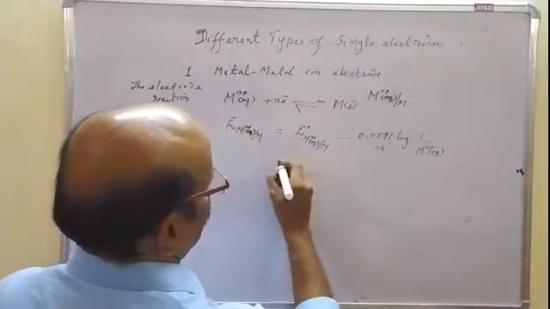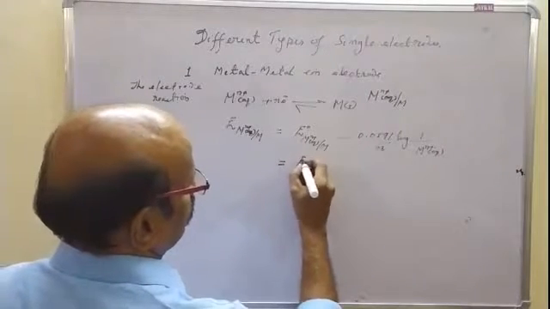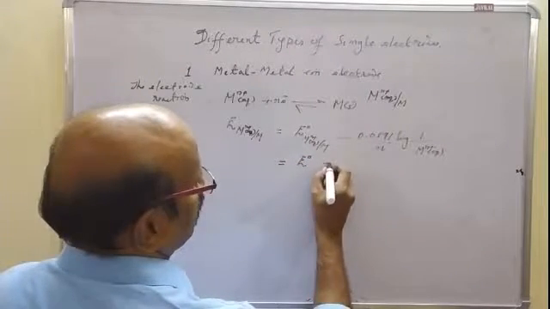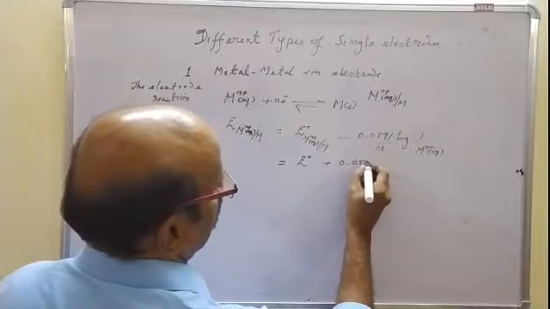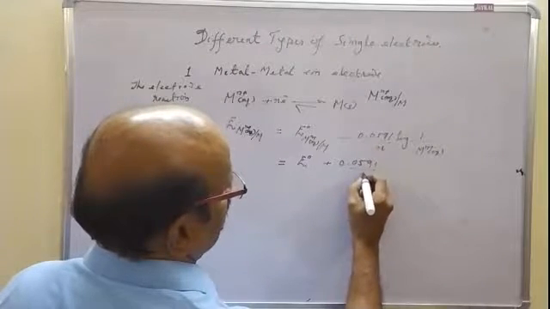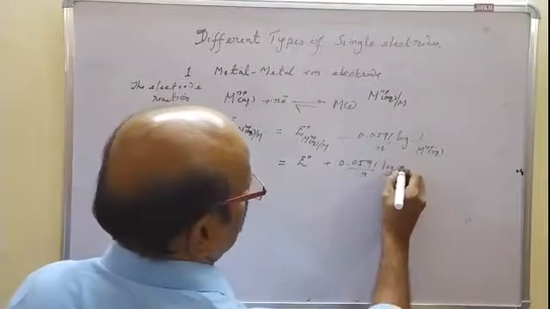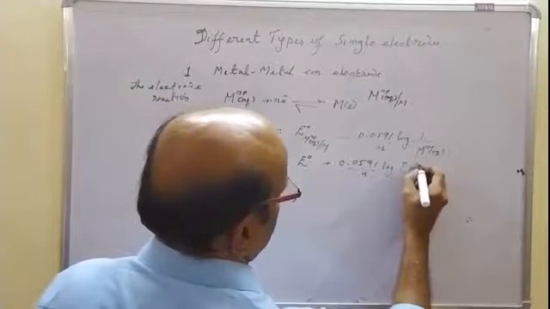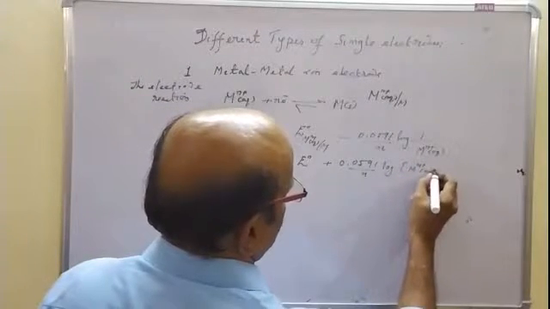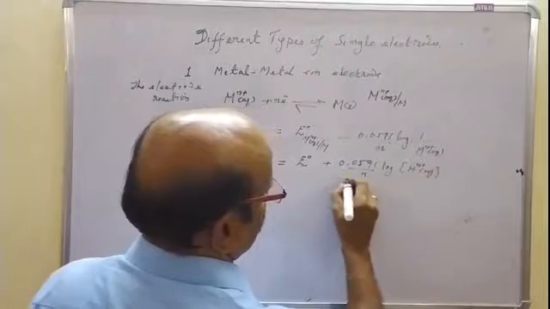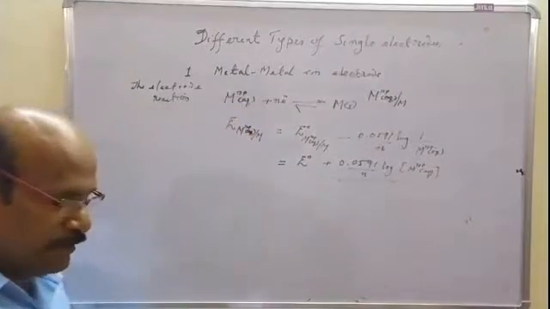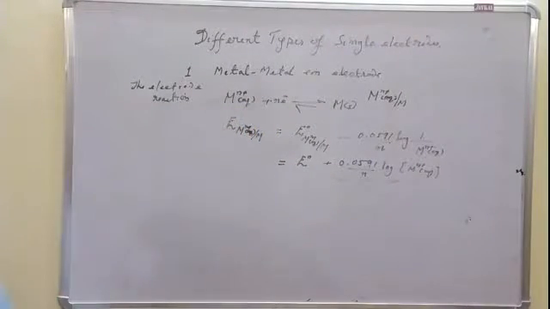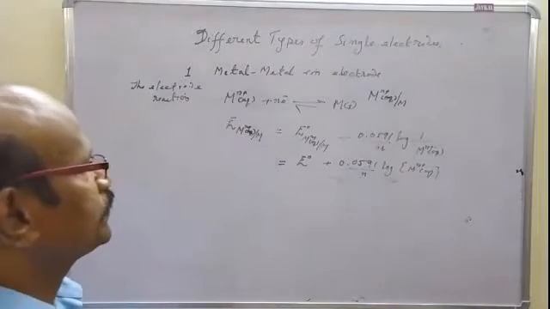That is equal to E0 single electrode plus 0.0591 by n log M n plus aqua. So this is the final equation for the single electrode potential of a conventional metal ion electrode.